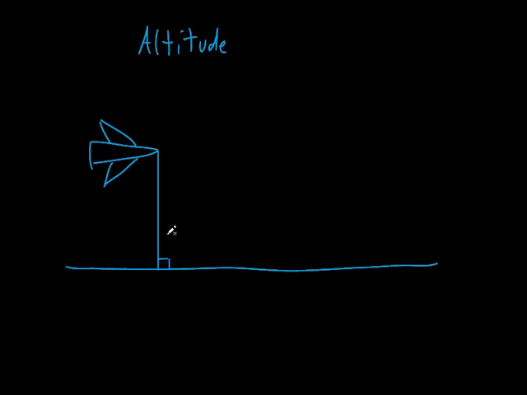So altitude means perpendicular. What does it mean to be an altitude of a triangle? Well, let's draw a triangle and talk about what it means to draw an altitude of a triangle. It means we start at a vertex and we go perpendicular to the opposite side. This side over here is the opposite side, so we have to go perpendicular.